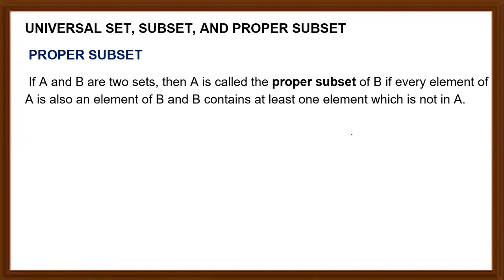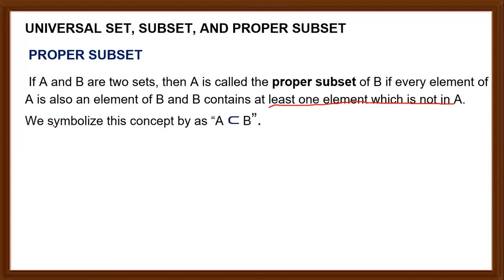Ibig sabihin yan, kapag meron tayong dalawang set, yung mapapansin natin doon sa una, meron siyang element na makikita doon sa pangalawang set mo. Pero yung pangalawang set mo, meron siyang at least one element which is not in the first set mo. Okay, para makita natin, we symbolize this concept as A is a proper subset.